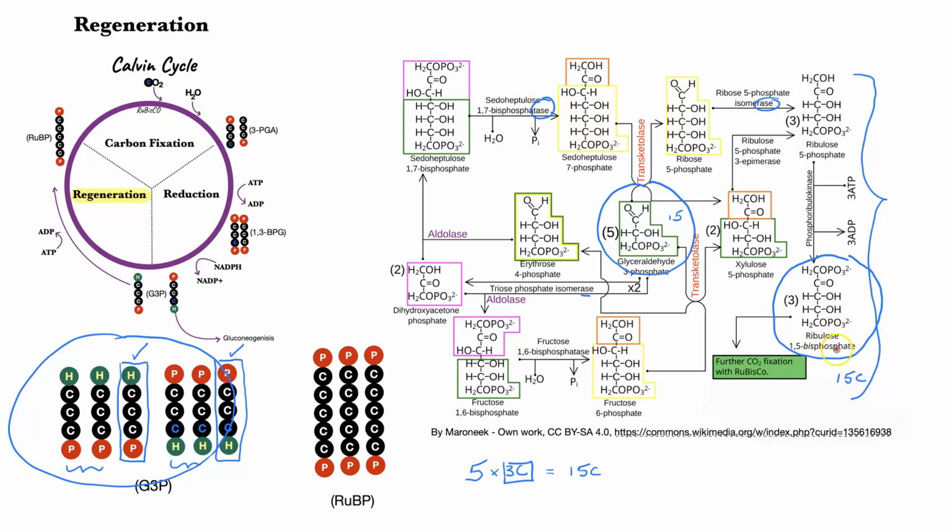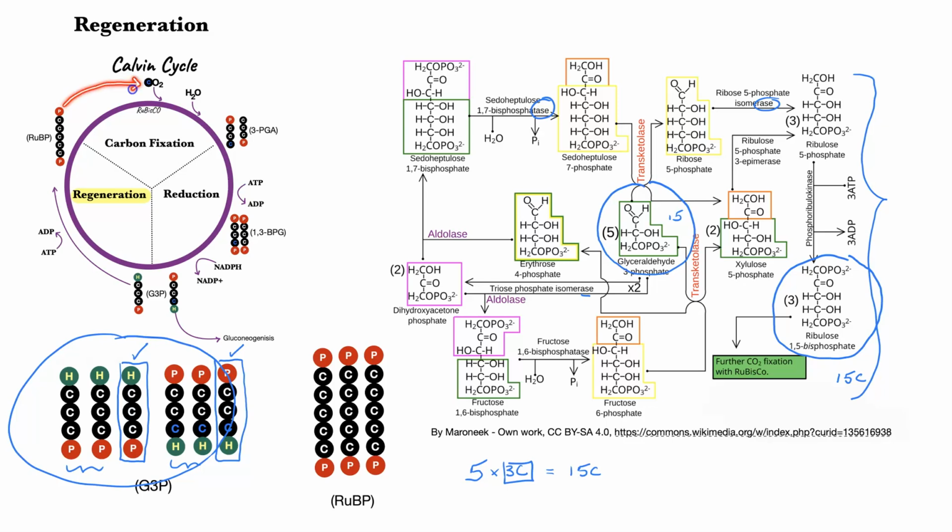Through this crazy metabolic pathway, we make three 5-carbon molecules. So we have maintained the 15 carbons and reshuffled them into 3 RuBPs, one of which can accept another carbon and go again.